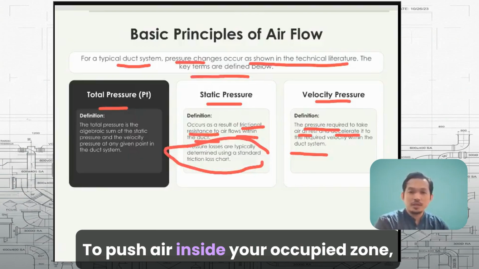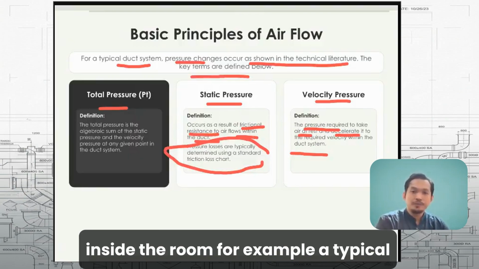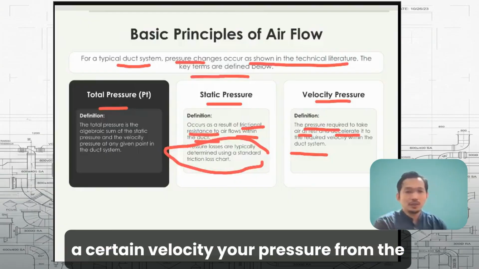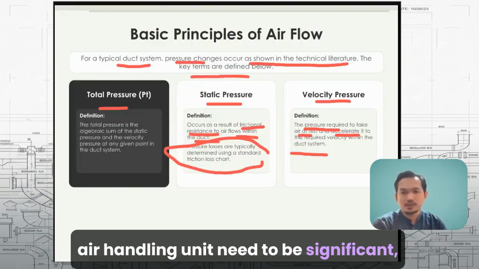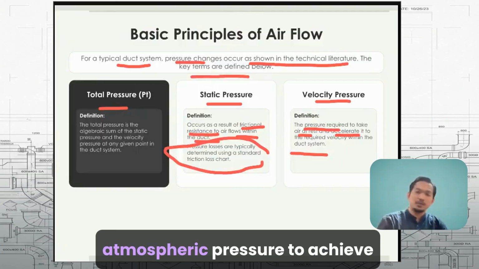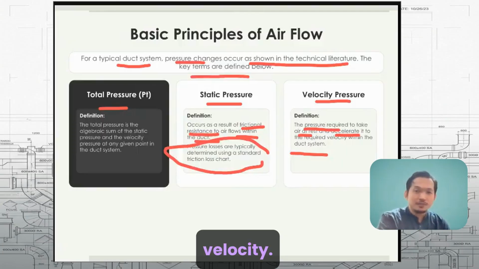To push air inside your occupied zone, for example a typical occupied room at atmospheric pressure, the pressure from the air handling unit needs to be higher than atmospheric pressure to achieve the velocity.